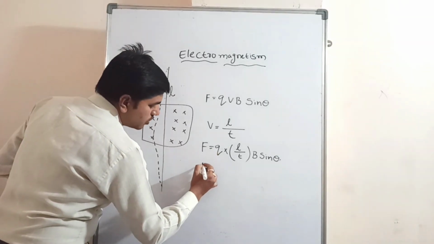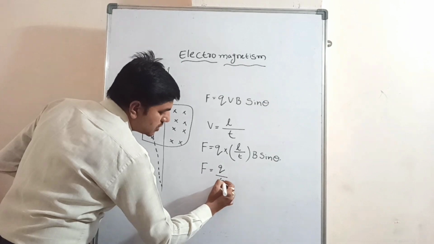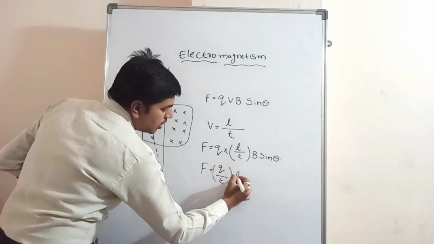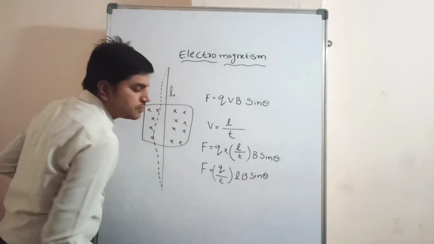So F is equal to Q by T into L B sin theta.